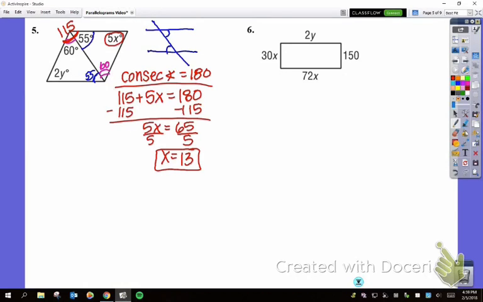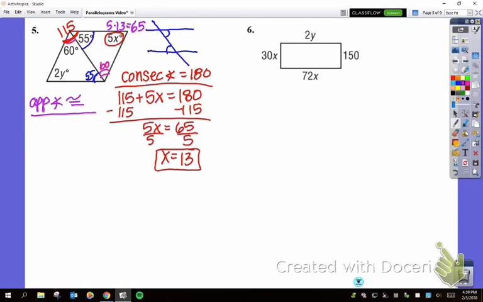Then we know that 2y and 5x are opposite angles. And we know what x is now, so we could say 5 times 13. 5 times 13 gives us 65. So we've got opposite angles are congruent.